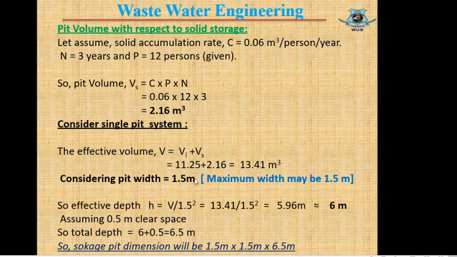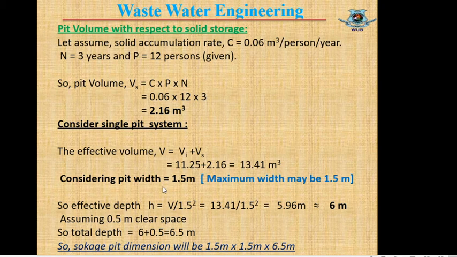we now need to calculate the effective depth. Here we have calculated the volume, and if we divide this volume by area, we will get the depth. So depth equals volume divided by area.